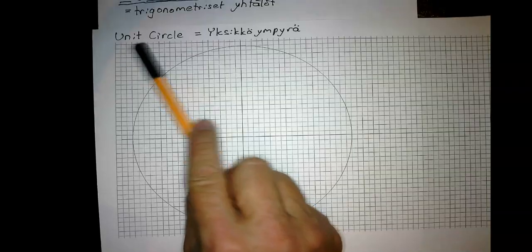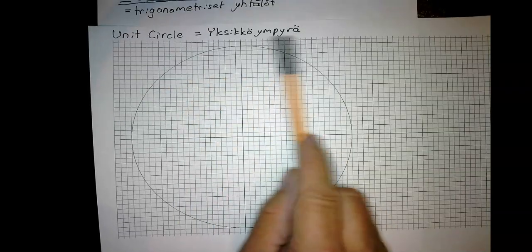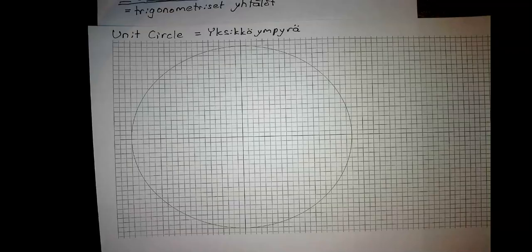Yksikkö is the same as unit, and circle and ympyrä mean the same.